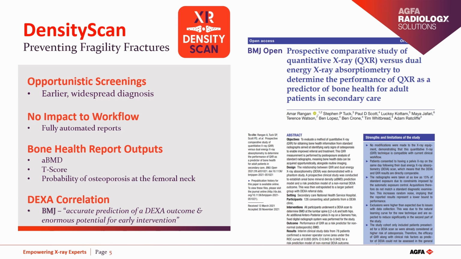One such study, published in the British Medical Journal, found density scan technology to have a highly reliable rate of true positives and low false negatives compared to DEXA. The ultimate takeaway of the study was that density scan provides an accurate prediction of the likely outcome of a DEXA scan, which provides enormous potential for pre-screening and early intervention.